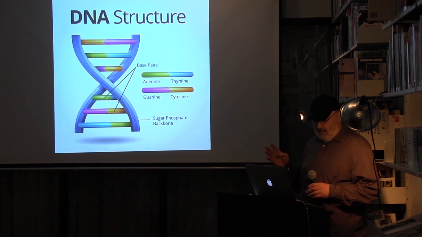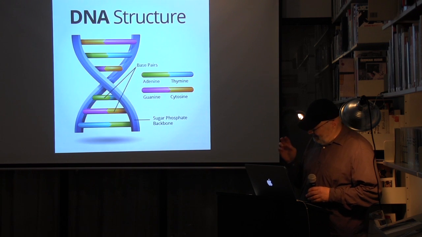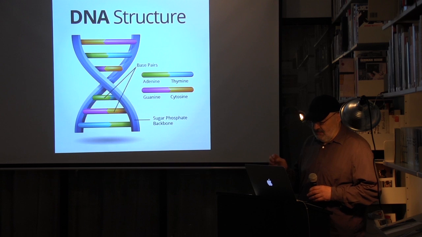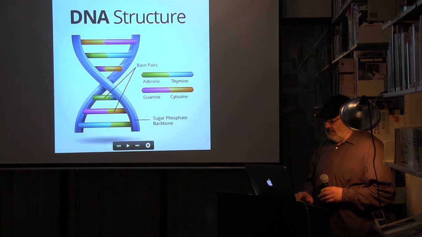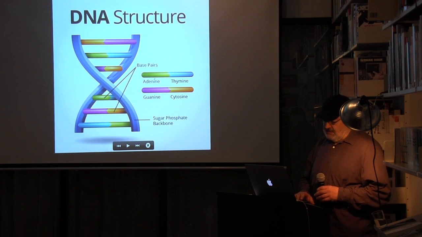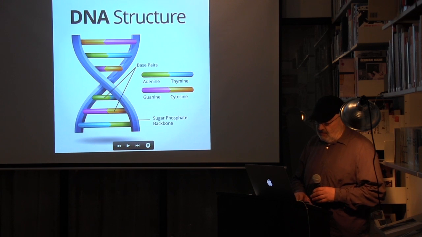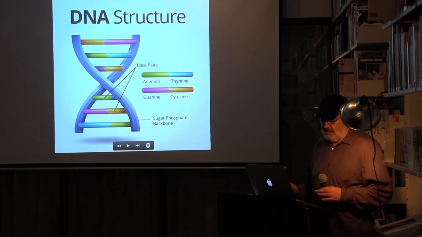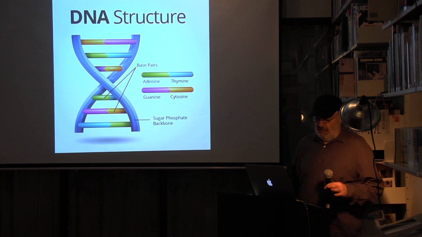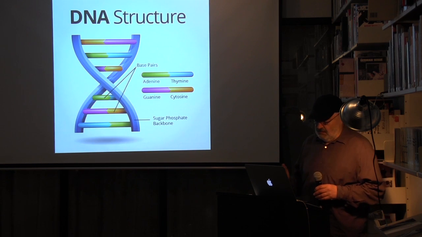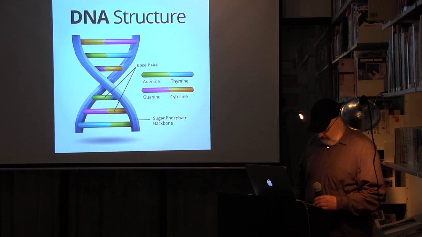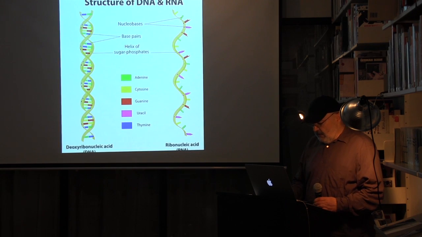There are two base pairs, 4 bases. And the base pairs are between bases adenine and thymine, and guanine and cytosine. These are the base pairs. So this is a fundamental structure of the DNA.